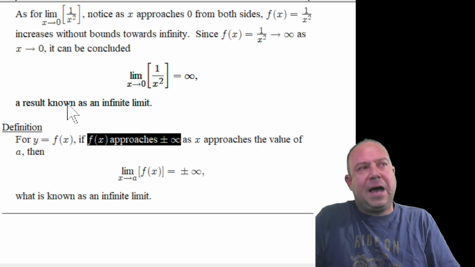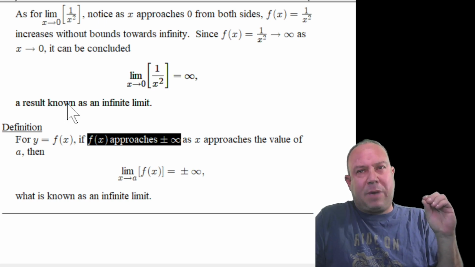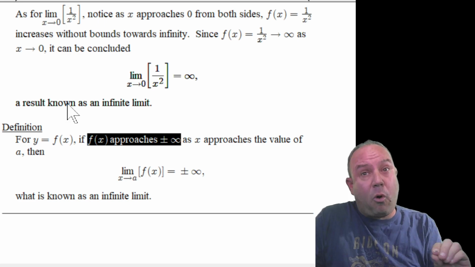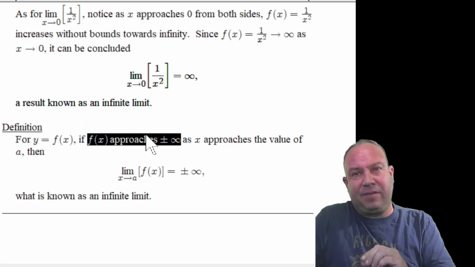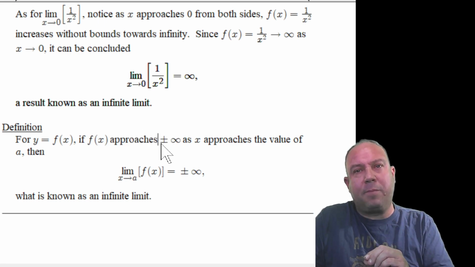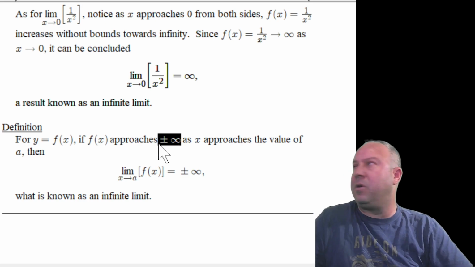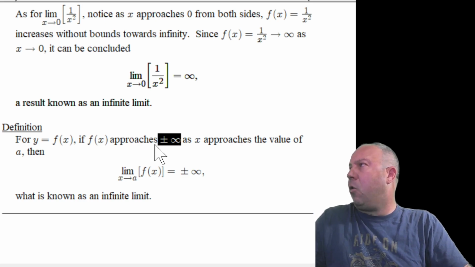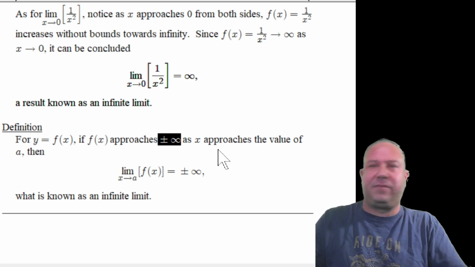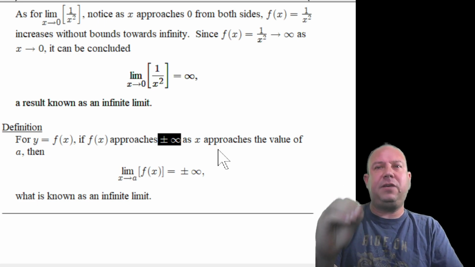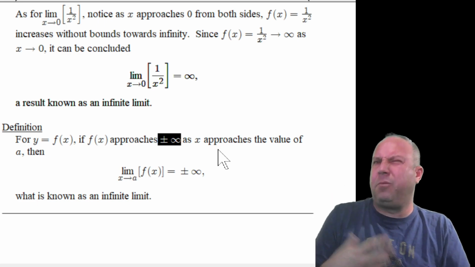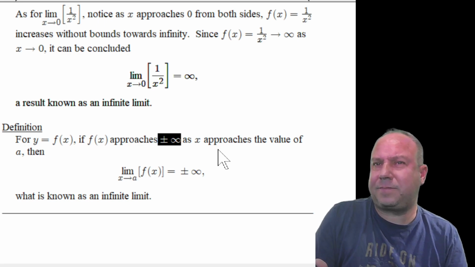It's positive infinity or it's negative infinity. This is how we read plus or minus infinity. So that or is exclusive; it's exclusively positive infinity or negative infinity. We don't mean both.